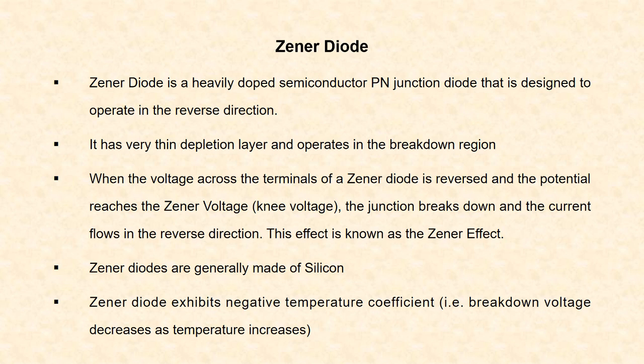This effect is known as Zener effect, and the Zener diode is based on this effect. Zener diodes are generally made of silicon. Zener diode exhibits negative temperature coefficient, that is, the breakdown voltage decreases as the temperature increases.